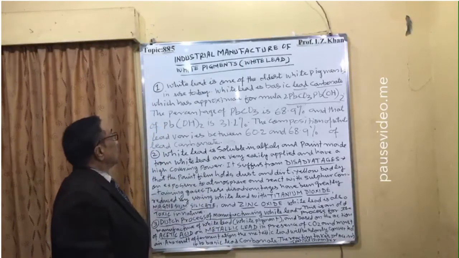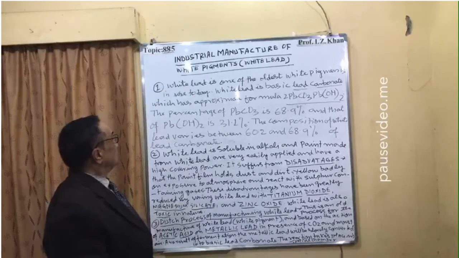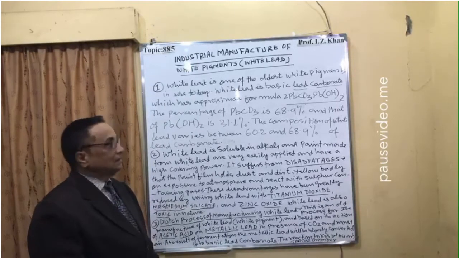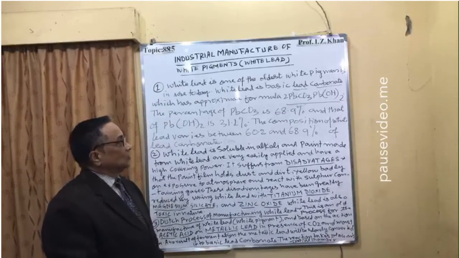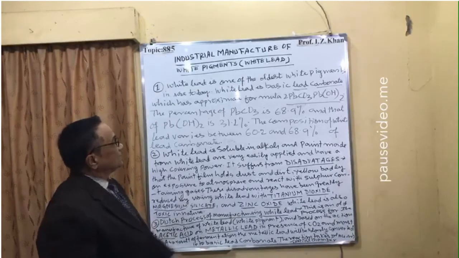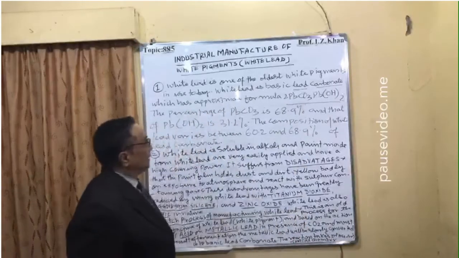Number one, the white lead is one of the oldest white pigment in use today. White lead is basic lead carbonate, which has approximate formula 2PbCO3·Pb(OH)2. That is actually the formula of white lead, that is white pigment.